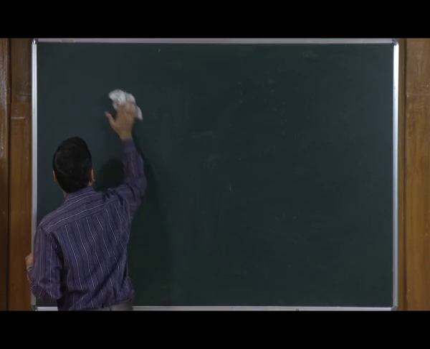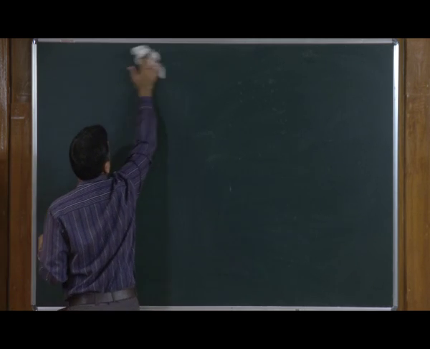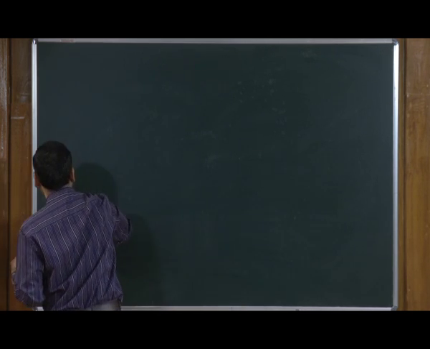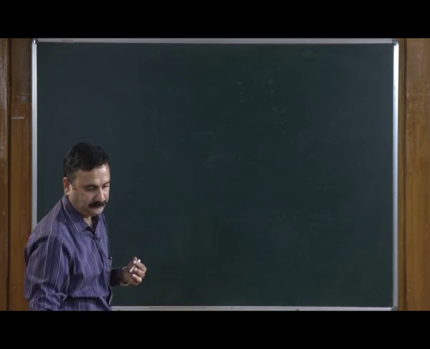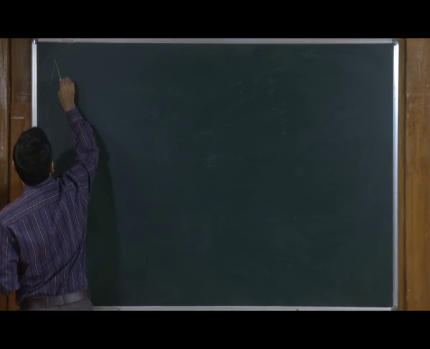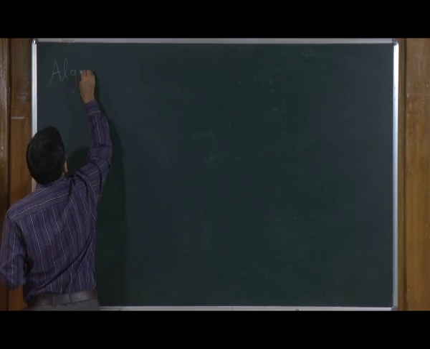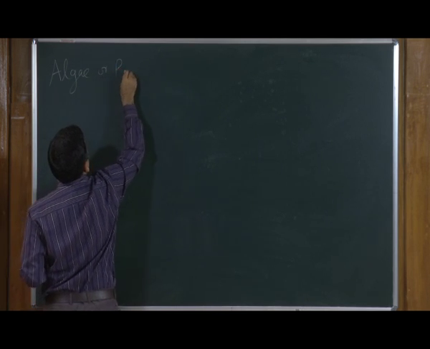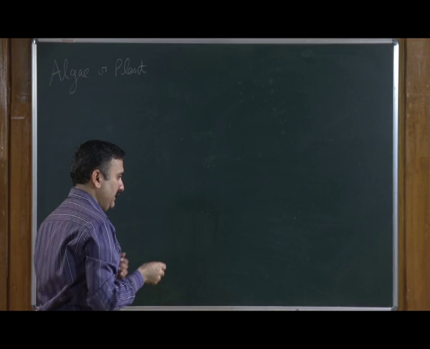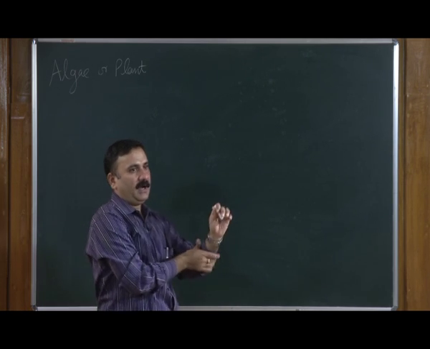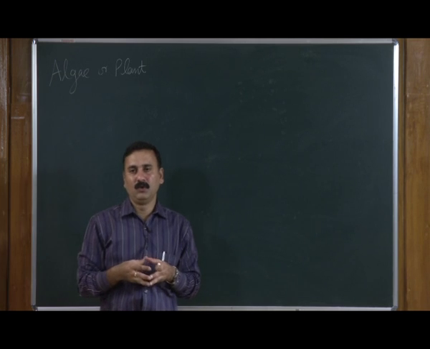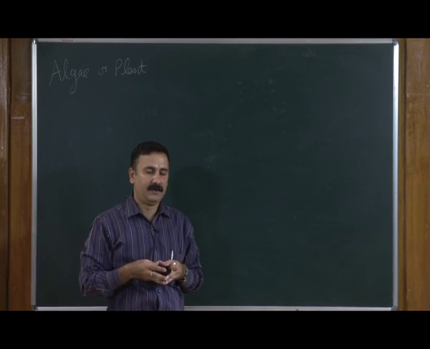All the plants or the algae follow a similar kind of life cycle, with similar types of events. So, algae or plant. Algae exist in two different types.